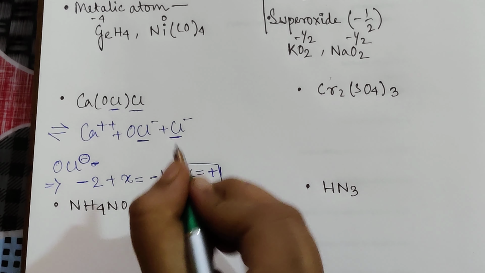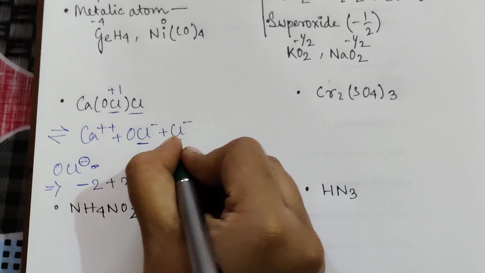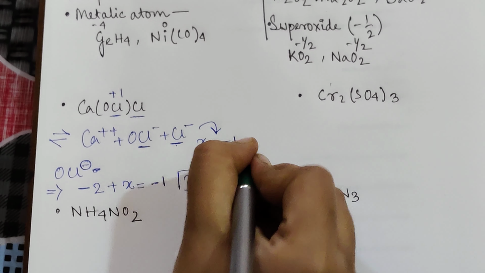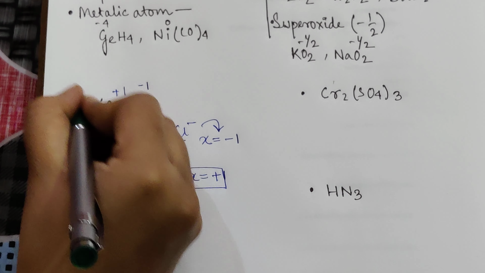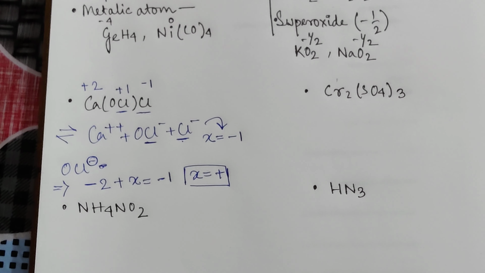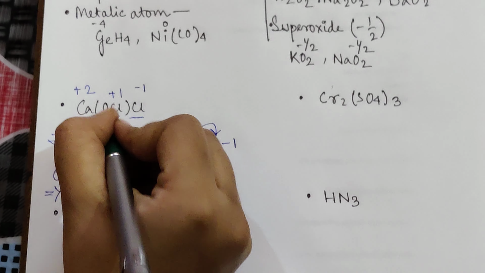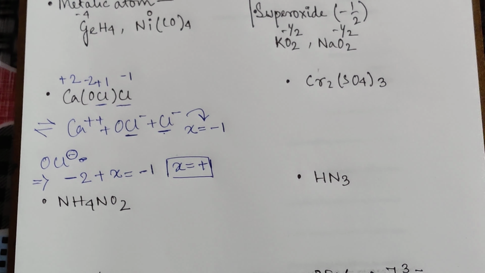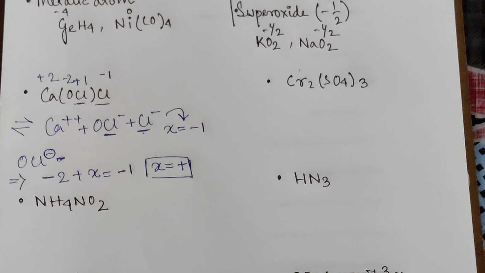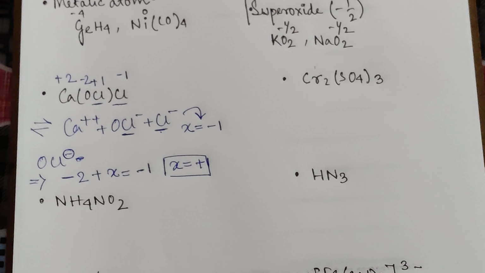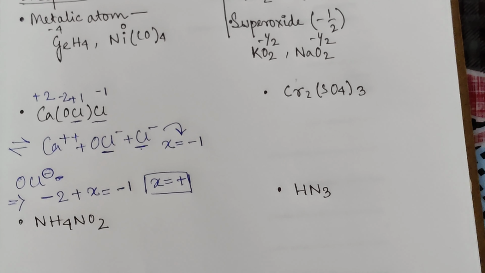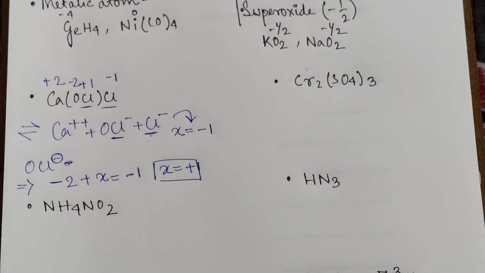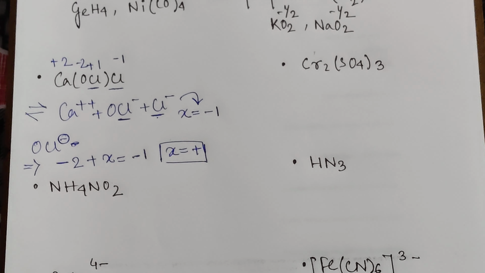And for the other chlorine, x equals -1. And calcium, we know, is +2, and oxygen is -2. If you look at the sum, it will be 0. So when it dissociates into ions, and is in ionic state, the oxidation number sum will equal the total charge of the radical or the ion.